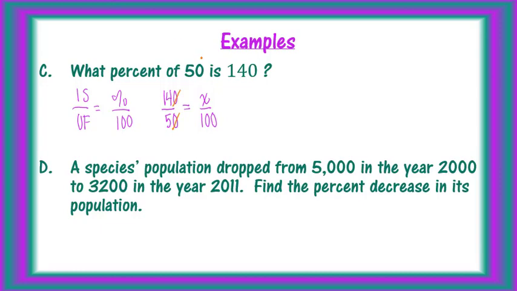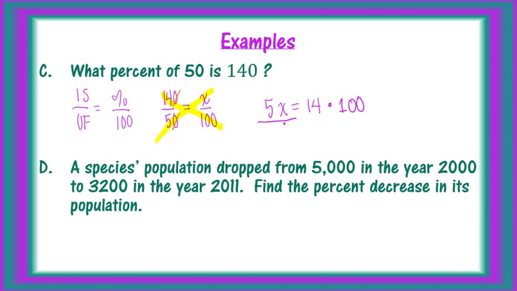and then I am going to cross multiply. So I am going to multiply on this diagonal and multiply on this diagonal. So that leaves me with 5 times x, or 5x equals 14 times 100.